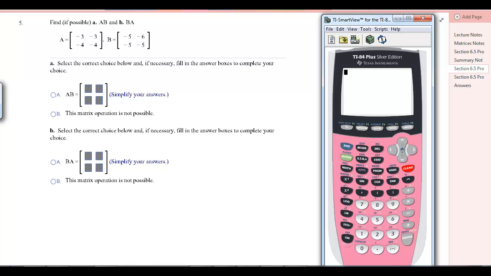Now I want to do A times B. So second matrix, grab A, times second matrix, grab B, and enter. And so this 30, 33, 40, 44 would be my answer here.